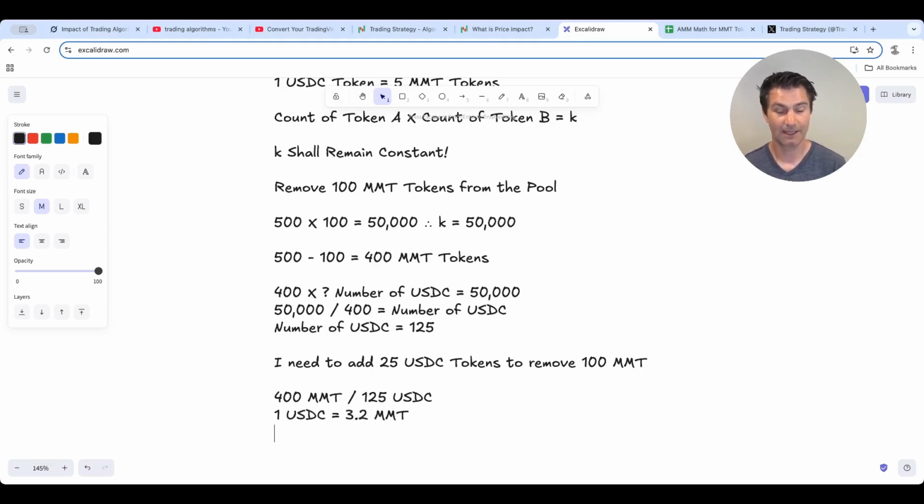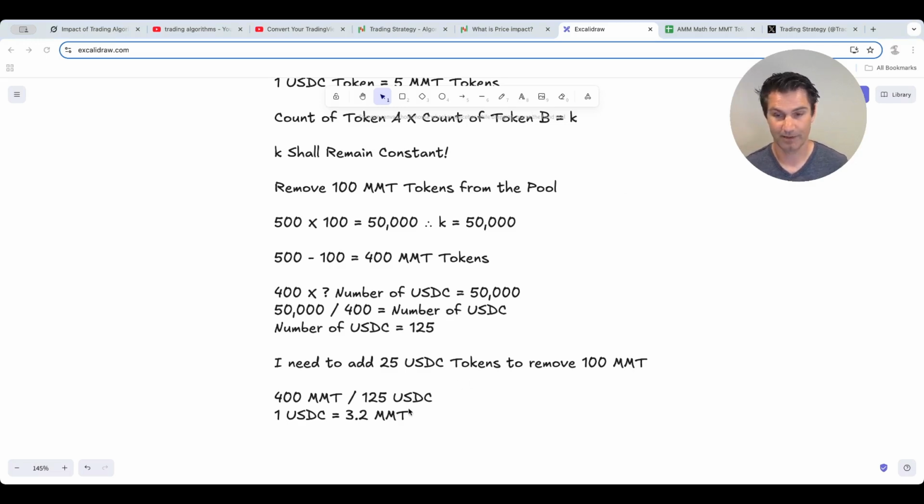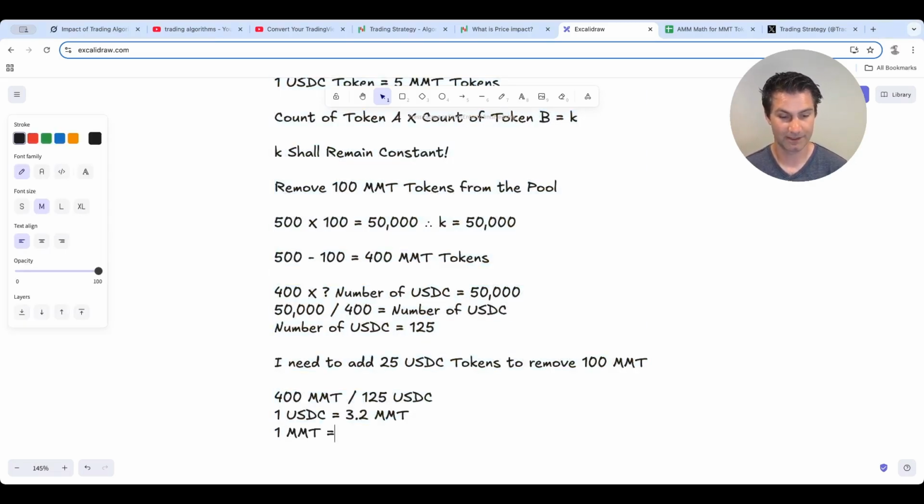And if we do 125 on 400, we see 0.3125. So we have 1 MMT is 0.3125 USDC. Okay, great. So this has now changed the value.